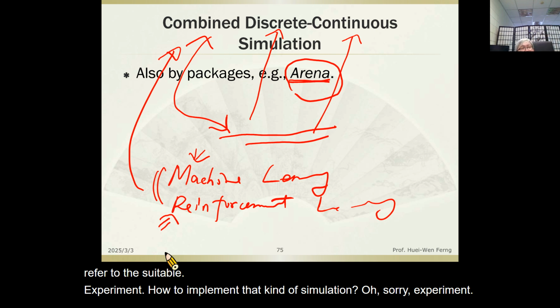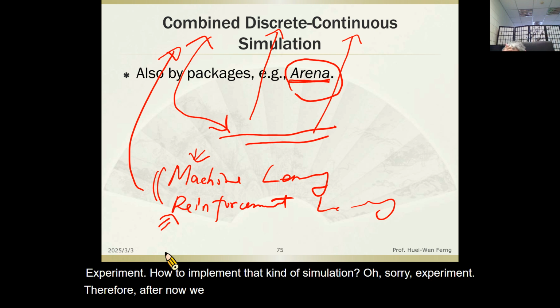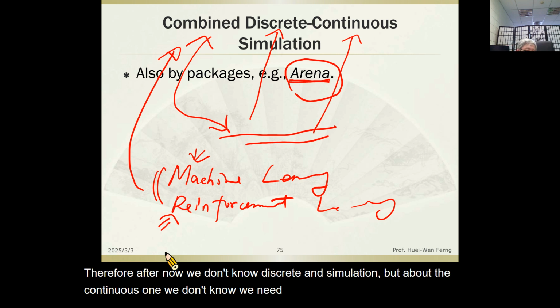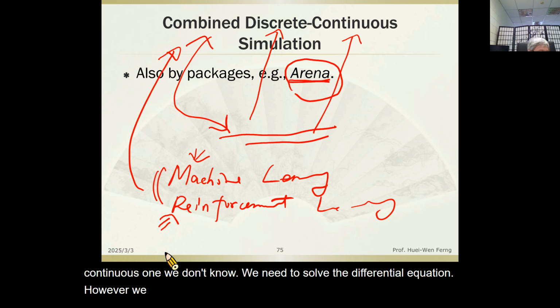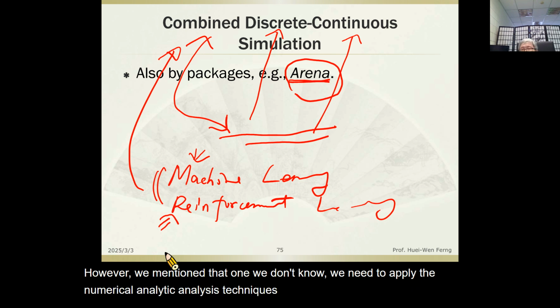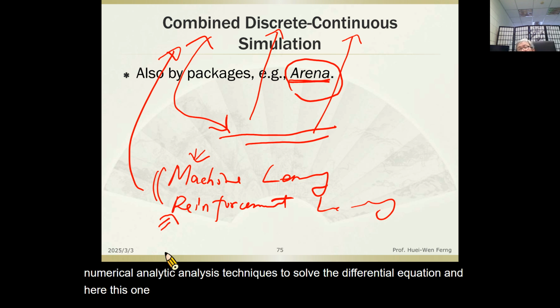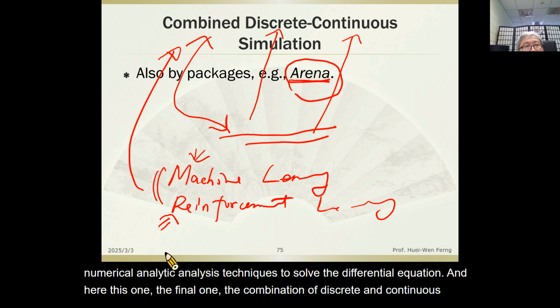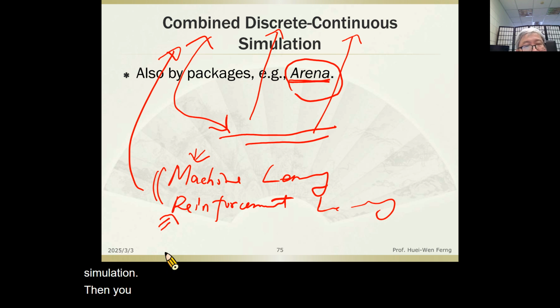Therefore, up to now, for discrete event simulation we know it, but for the continuous one, we need to solve the differential equation, applying numerical analysis techniques. And for the combination of discrete and continuous simulation, you can have the package Arena to help you.